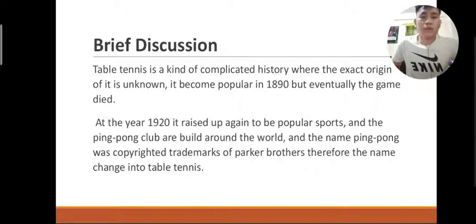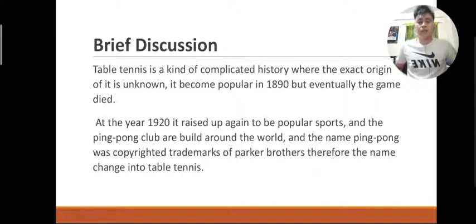We know that table tennis has a complicated history, where it does not have an exact origin, and it became popular during the 1890s, but eventually the game died down. During the 1920s, it rose up again, the sport became popular, and ping pong clubs were built around the world.